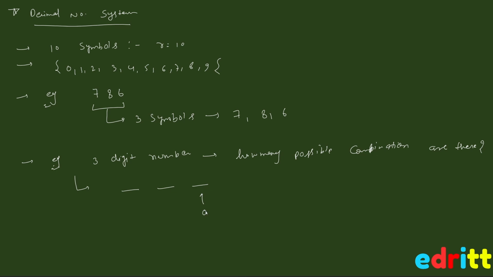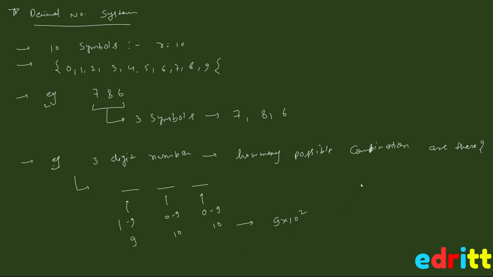What values can this take? This can take from 0 to 9, a total of 10 symbols. This can take from 0 to 9, 10 symbols. This can take 0 to 9, 10 symbols. But wait a second, do you really think this can take the value 0? No, right? In the decimal number system, the MSD, most significant digit, can't be 0. So this can take values from 1 to 9. So here a total of 9 symbols are available. Here a total of 10 symbols are available. Here a total of 10 symbols are available. How many possible combinations are there? 9 into 10 raised to power 2 combinations.